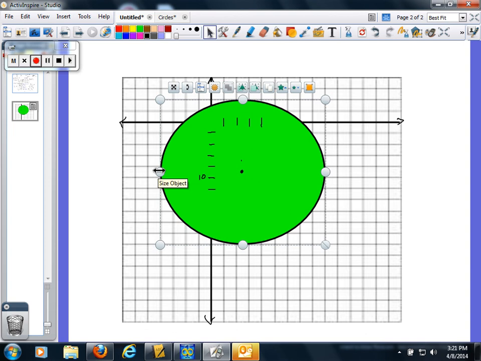Okay, and that would essentially be my circle. It would be right here, right here, right here, right here, and then my center point.